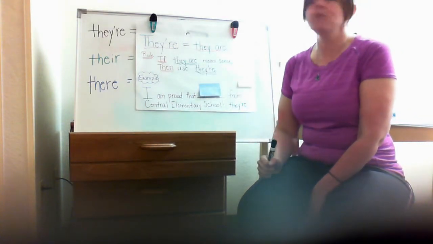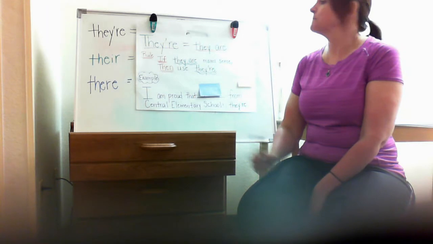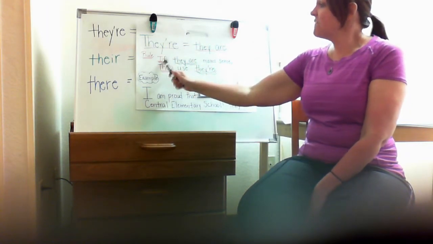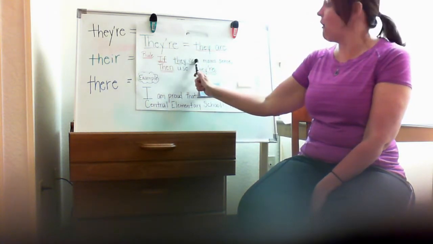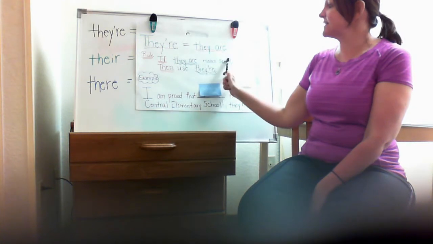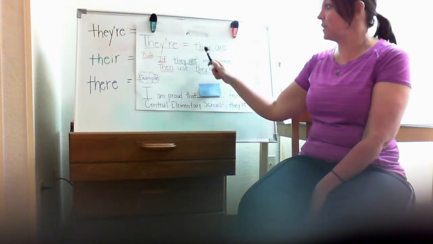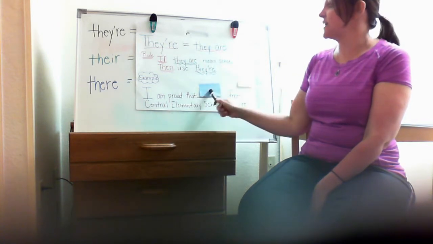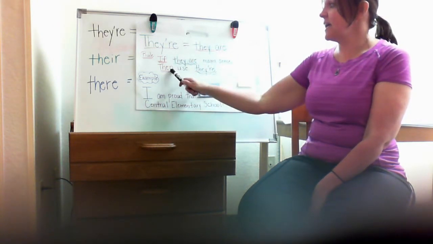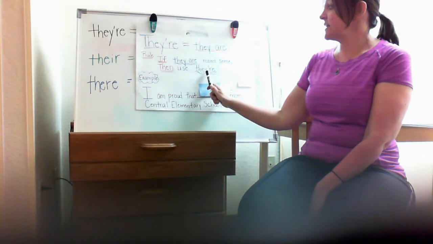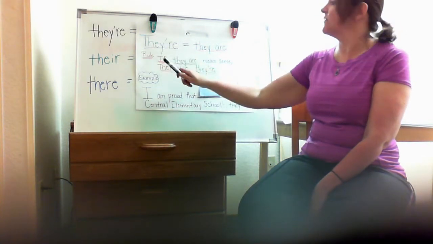And the rule with this word is if they are makes sense in a sentence, when you put the words they are in a sentence, then use this there, the T.